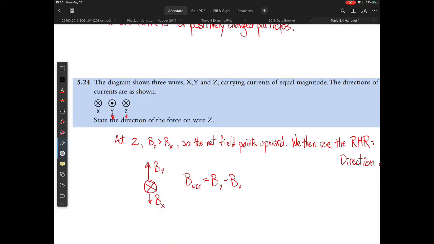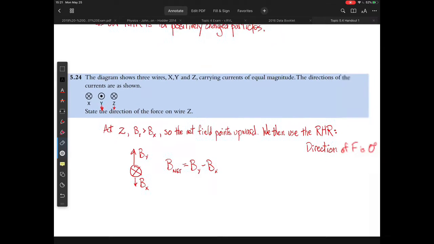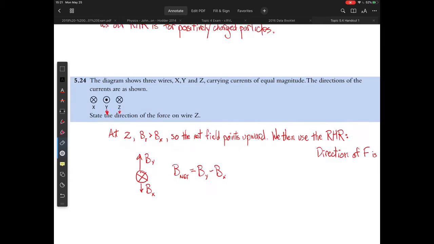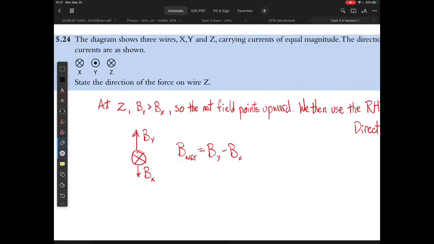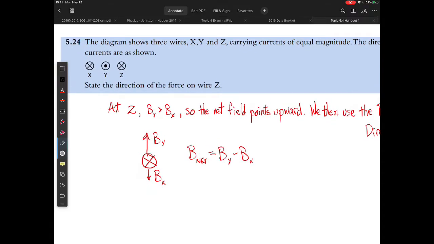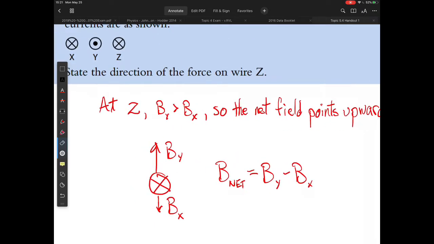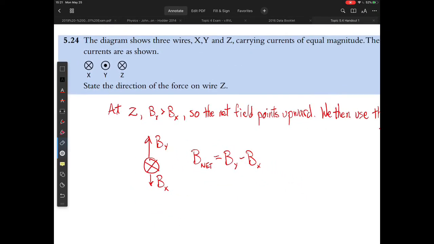Okay, so 5.24, we have 3 wires carrying currents of equal magnitude, and the directions of the currents are shown. So we're asked to state the direction of the force on wire Z. So first thing we need to recognize is that at Z, the force from wire Y is going to be greater than the force from wire X. Why do we know that?